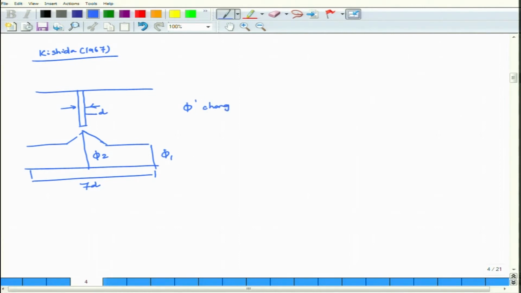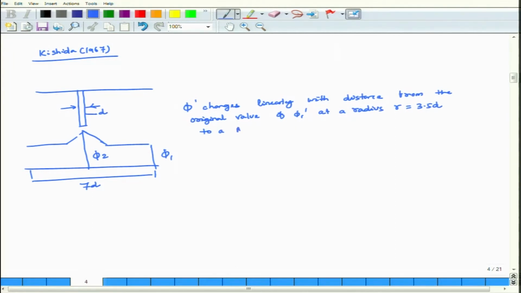Phi prime changes linearly with distance from the original value of phi 1 prime at a radius r equal to 3.5 D, to a maximum value of phi 2 at the pile tip.